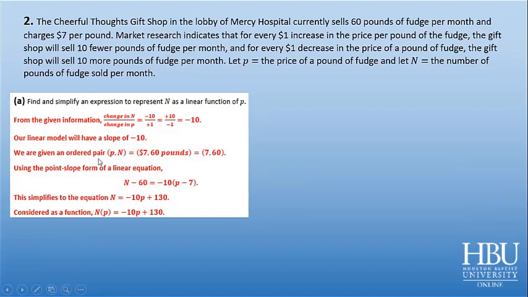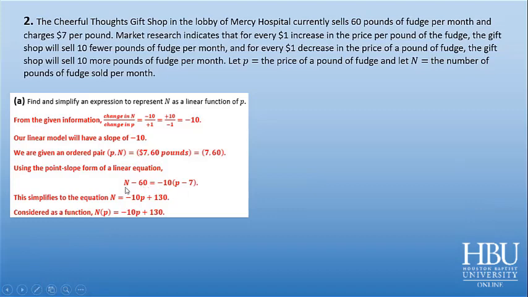We're given an ordered pair in the problem. A price of $7 corresponds to 60 pounds. So (7, 60) is an ordered pair that is on the graph of this linear function. If we use the point slope form of a linear equation, we're going to have N minus 60 equals the slope, negative 10, times the price P minus 7.